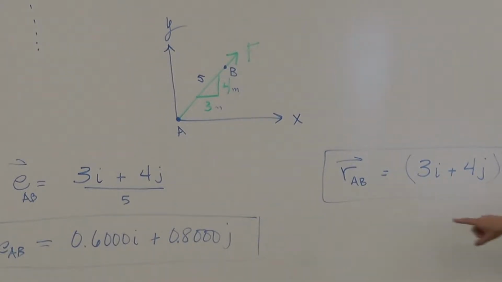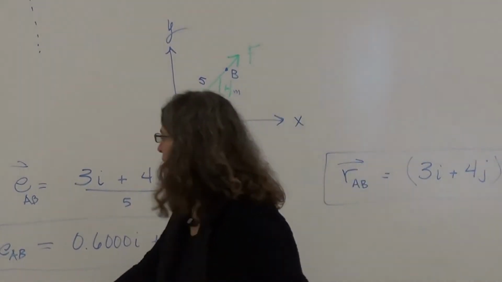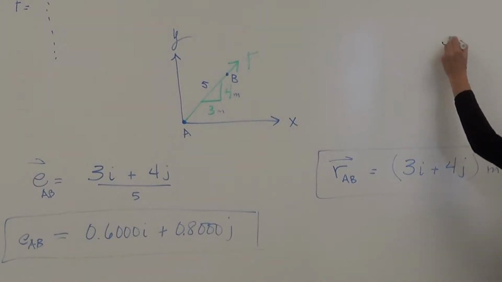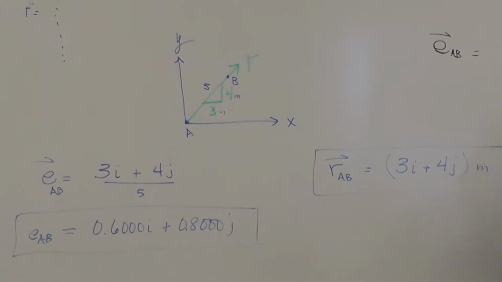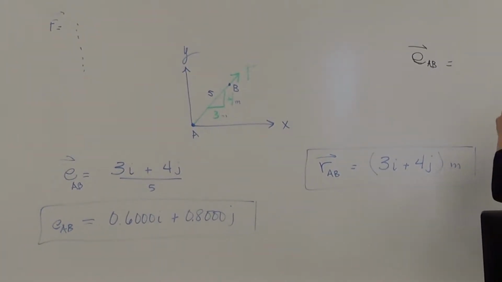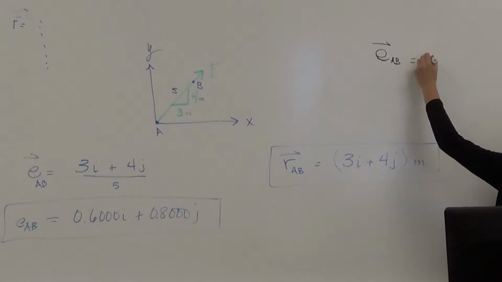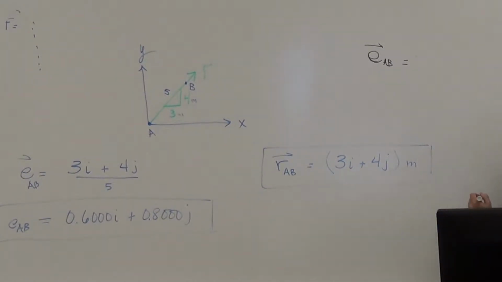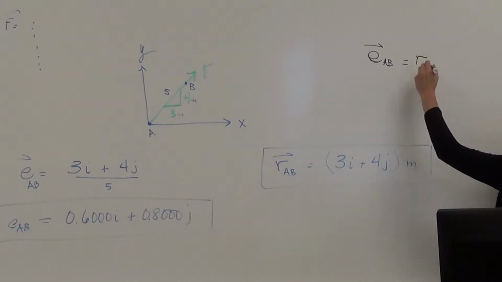Okay, so what is the relationship then of the unit vector to R? Because there's an R just in there. Unit vector AB is equal to what, Nick? How do I relate these two guys, the unit vector and the R? The unit vector is R just one unit long.